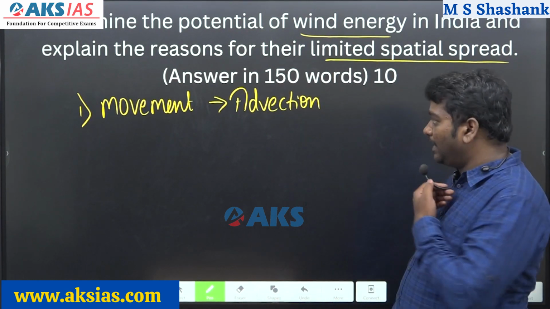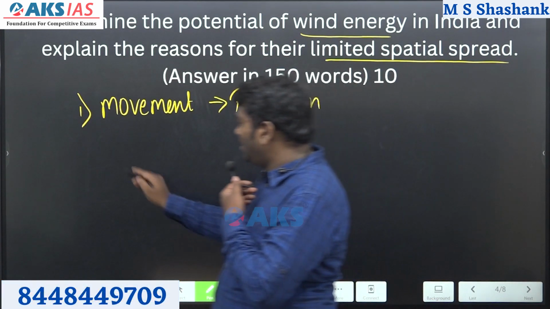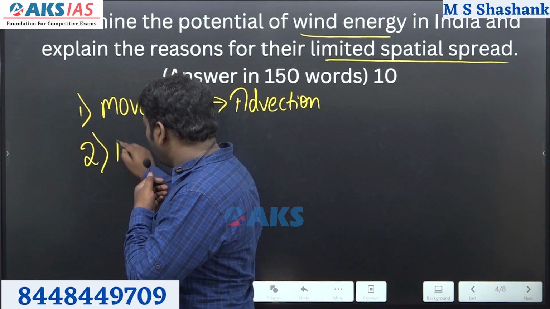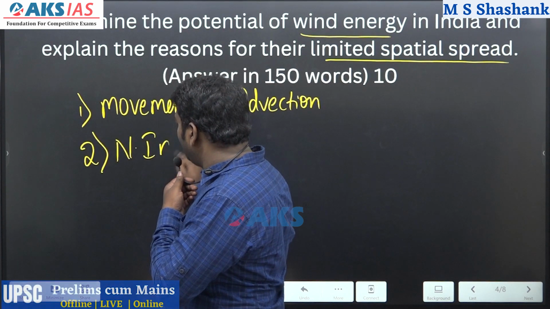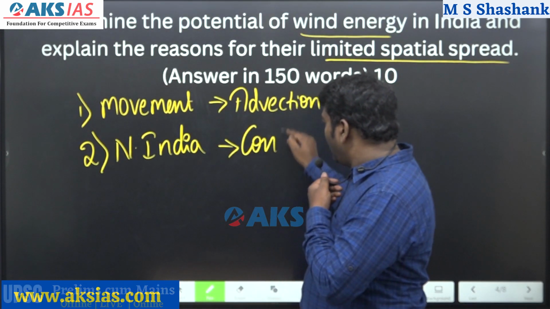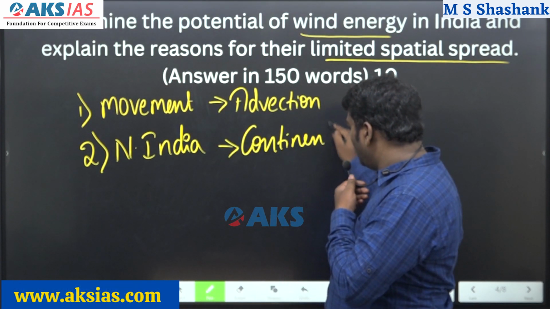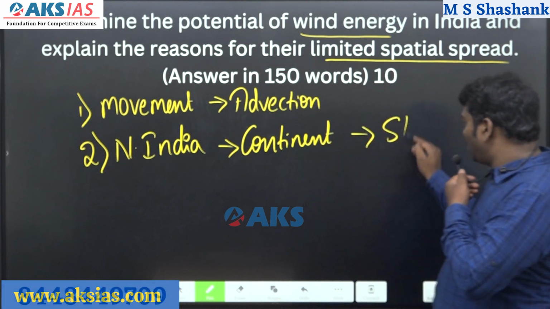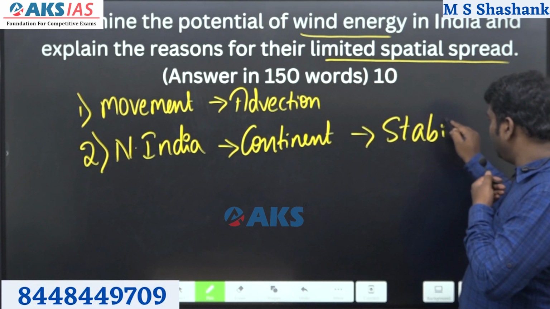And when I talk about North India, what is going to happen? North India is mostly continental climate, and in most of the time we observe some sort of atmospheric stability, guys.